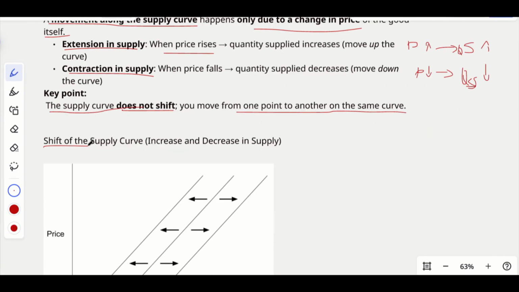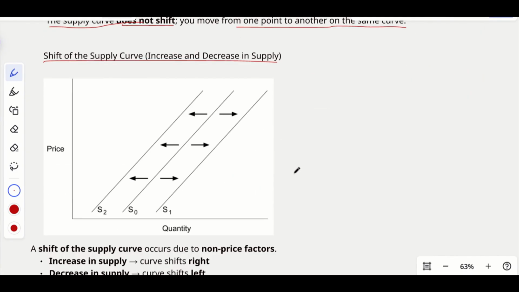Now we have to check how the supply curve might shift. Okay, so due to any reason, if there is a sudden decrease in the production at all price levels, what will happen? The supply curve will shift to the left since the production has decreased. At the same time, due to any reason, if the supply has increased at all price levels, the supply curve will shift to the right side.